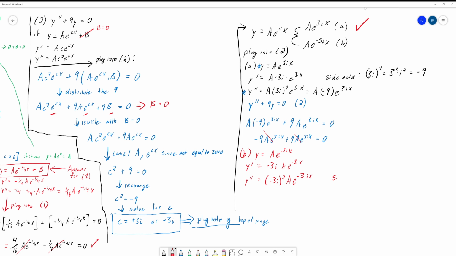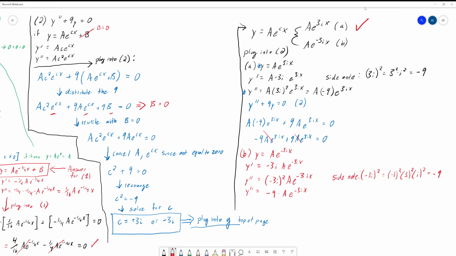And again, side note: minus 3i squared is going to be minus 1 squared times 3 squared times i squared. Minus 1 squared is 1, 3 squared is 9, and i squared is minus 1, so this is going to be minus 9. So that means that y double prime is going to be minus 9 times a e to the minus 3ix.